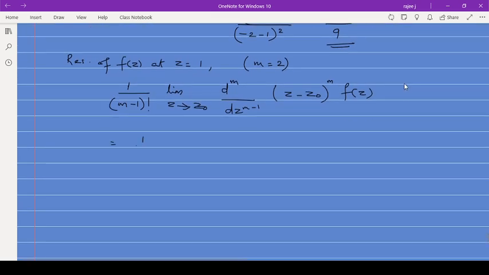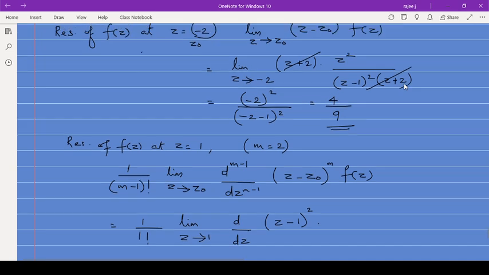So 1 upon m minus 1 factorial, 2 minus 1 factorial means 1 factorial, limit z tends to 1, now d raised to m minus 1, so 2 minus 1. So d upon dz will come, and here z minus z0. Z0 is what? Z0 is 1. So z minus 1 raised to 2 into f of z.